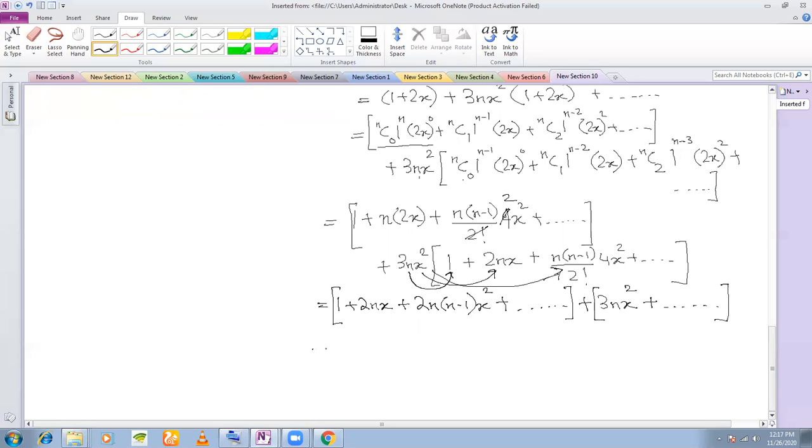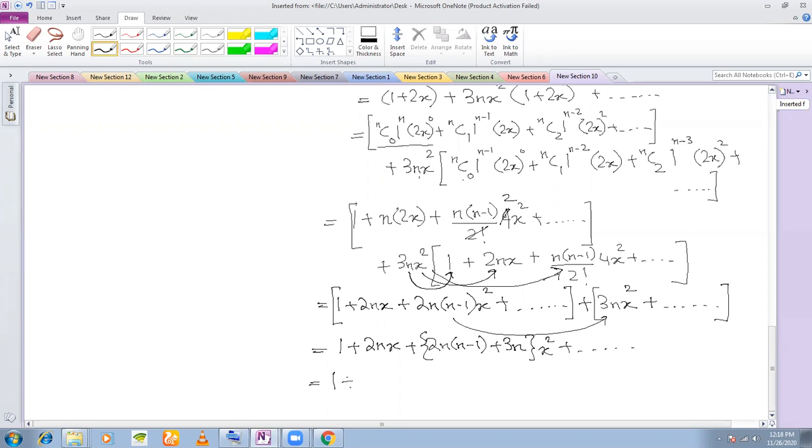Okay, so the expansion of this up to the power of 2 will be 1 plus 2nx, plus from these two you can take x square common to get 2n into n minus 1 plus 3n into x square, and after that will be your higher powers of x.